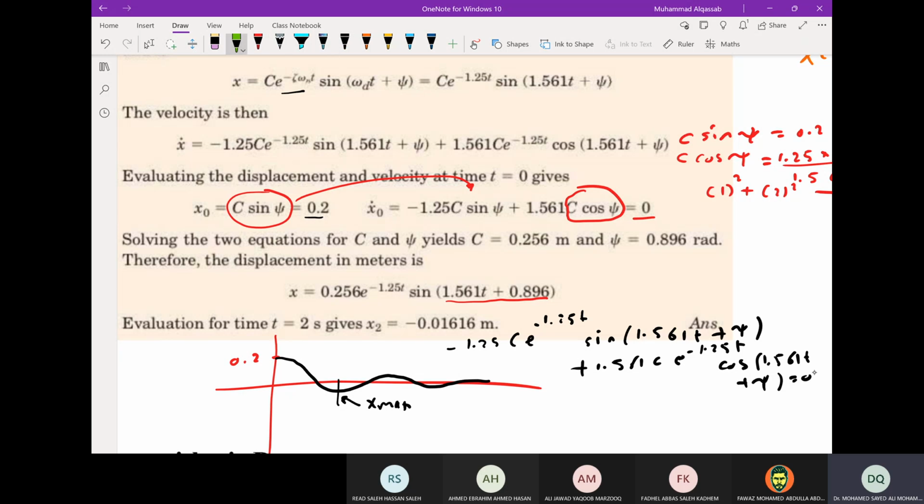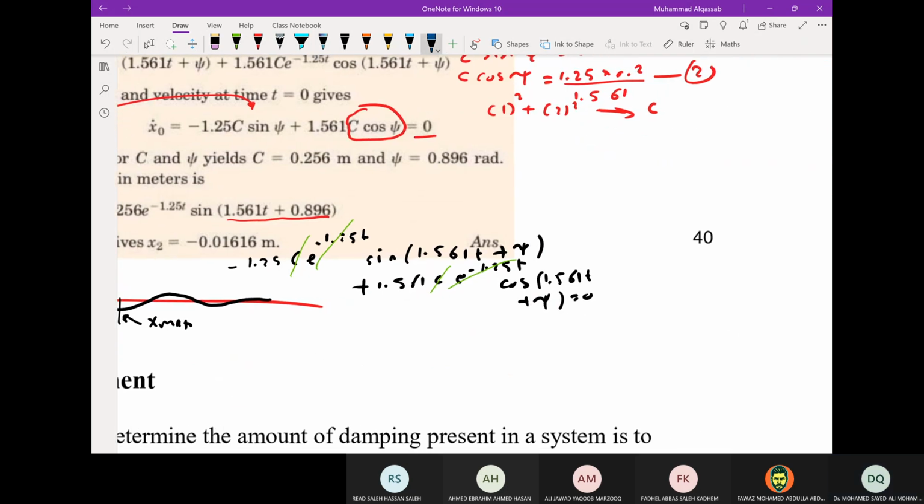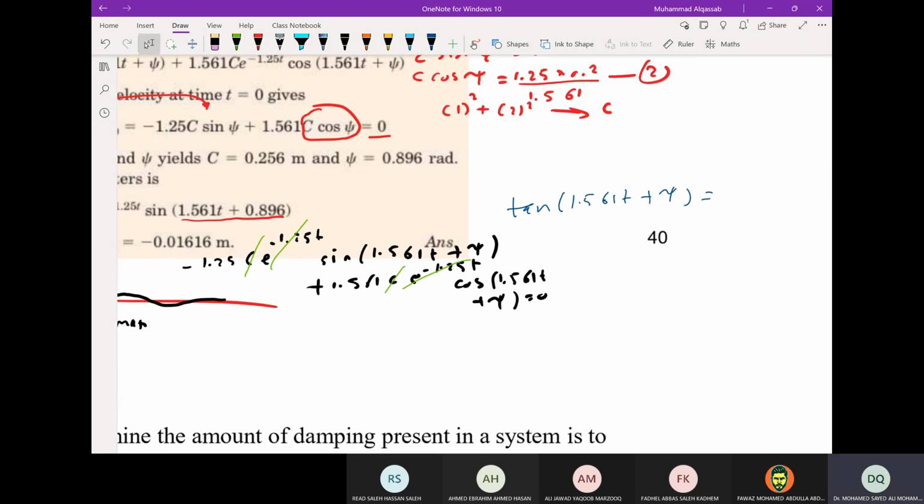As you can see, c and the exponential terms will cancel out. Then you can divide by cosine and get tan. So tan of 1.561 t plus psi will equal 1.561 divided by 1.25.